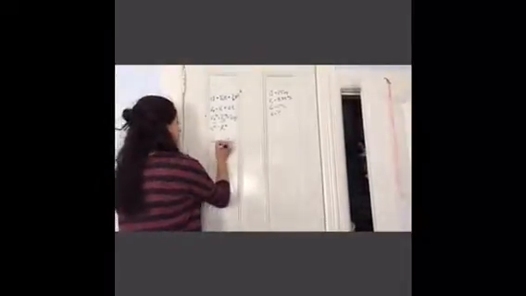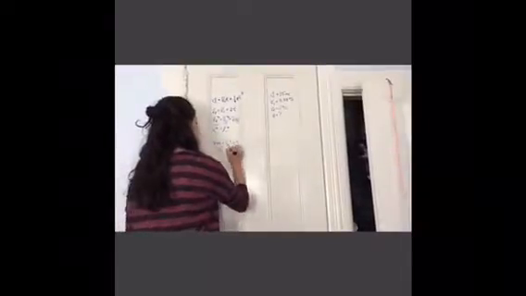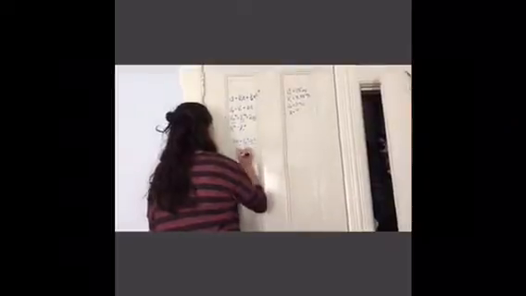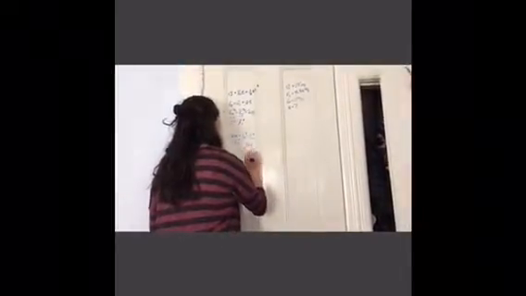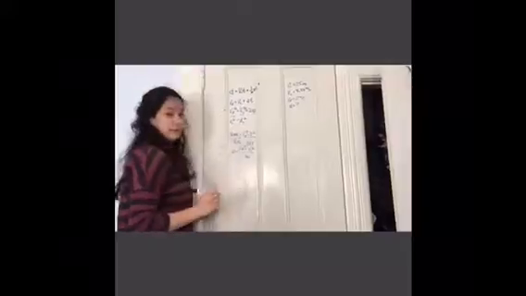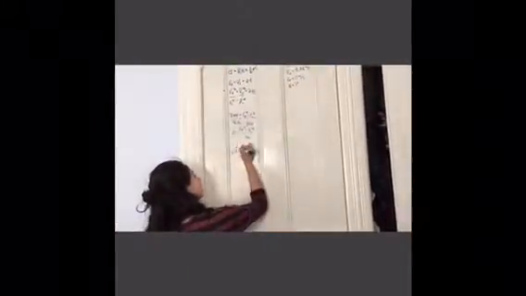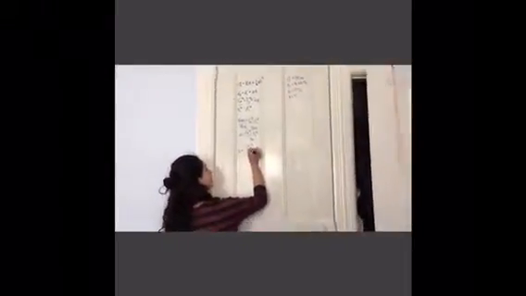Then you divide by 2 times d on both sides, and you get acceleration equals vf squared minus vi squared over 2d. Now we know that our vf is 0, so vf squared is also going to be 0. We can just cross it out. So we have acceleration equals negative vi squared over 2d.